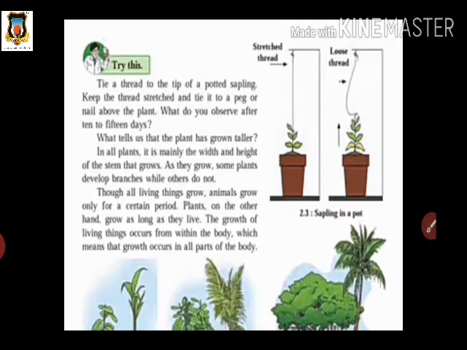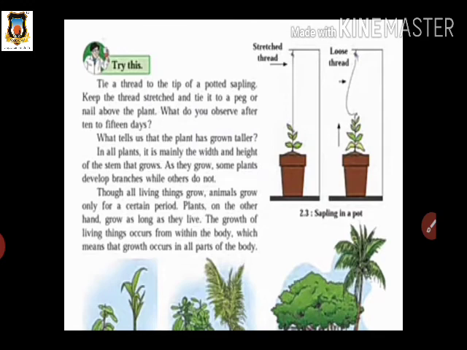So up to their life, the growth of plants takes place continuously, okay. This does not happen in other living things. Growth occurs in all parts of the body, which means the growth of living things occurs from within the body. So what happens?